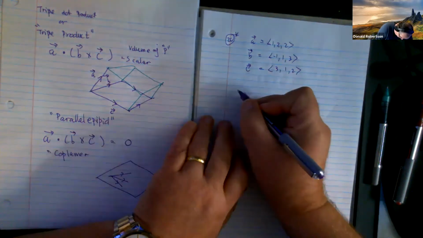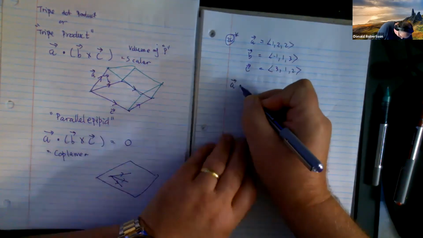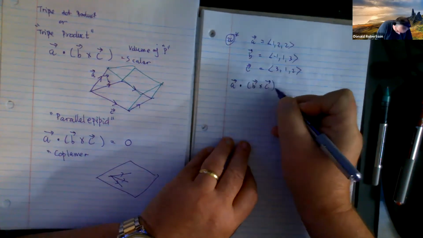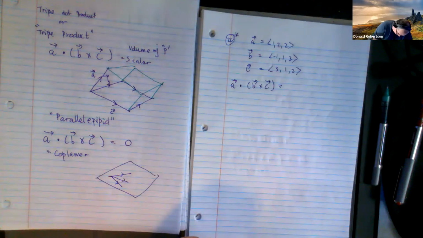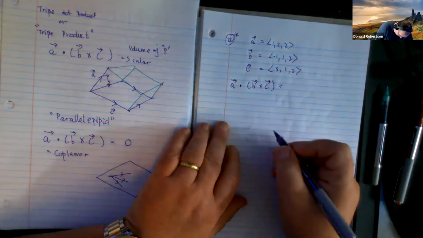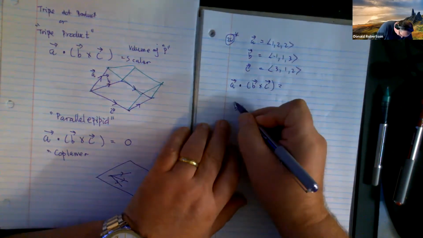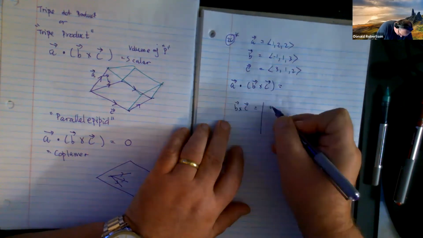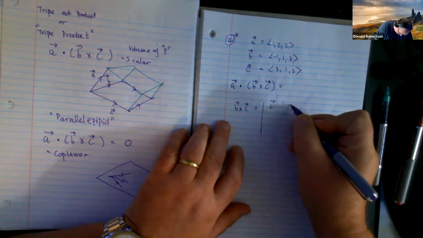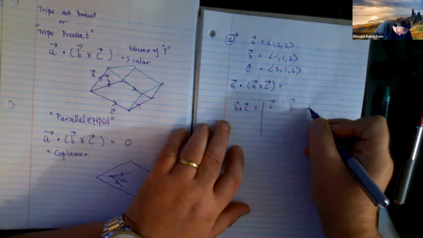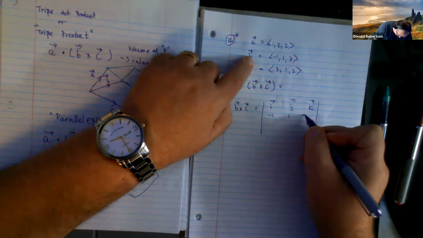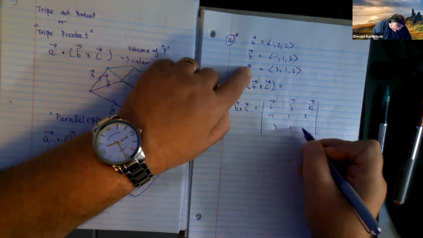But here it goes. A dot B cross C is equal to, well, a whole load of work. Won't I have to find B cross C first? So I'm going to go i, j, and k, and -1, 1, 3, and 3, 1, 2.